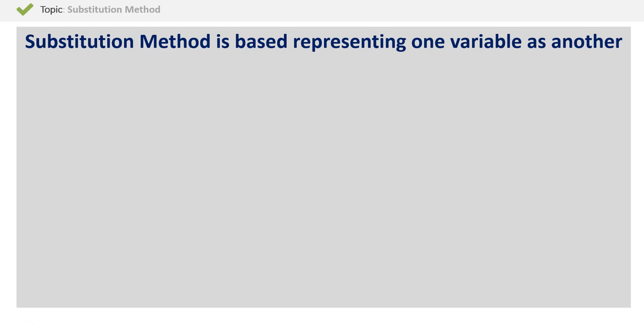You can pick any one which is simpler and then try to express one variable in terms of the other variable, and then take the value of the variable which has been expressed and put it into the other equation which you have not used, and then try to convert them into an equation with just one variable because it is easy to solve, and then get the value and then use this value again to get the value of the other variable.